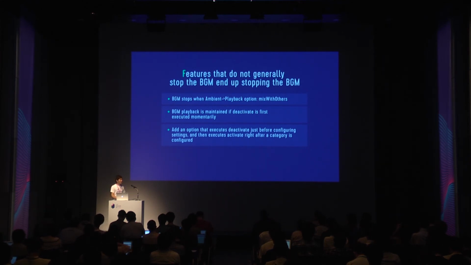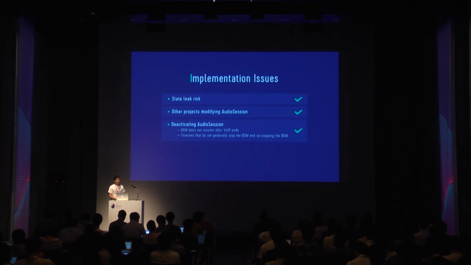So we found out that when we change the setting, if we momentarily deactivate, we can do the play without stopping the audio. Therefore, just before the setting, we would momentarily deactivate, and after the change in setting, we can activate right away. So this is an option that we added.